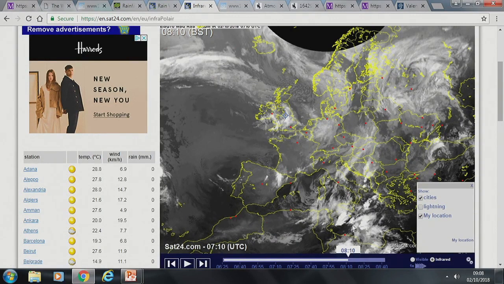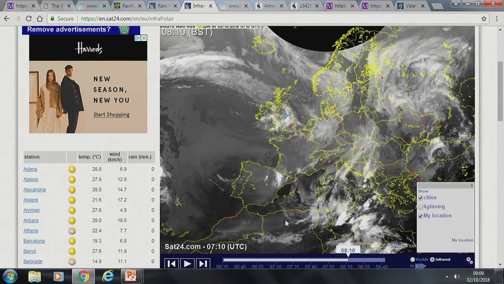But of more perhaps eye-catching is down here, south of us, in the Mediterranean region. There's these very bright clouds here. These are thunderstorms. This is deep convection. We can tell they're deep convection because they're kind of globular. These things are globular clouds.